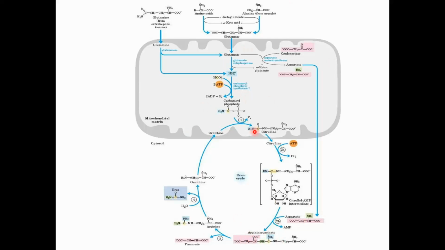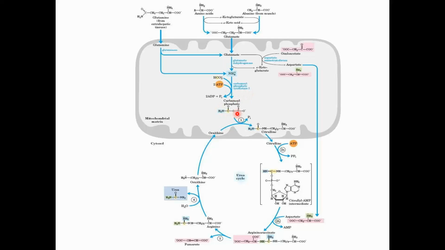And here we can see another thing: glutamate, once it enters the mitochondrial matrix, with the action of the enzyme glutamate dehydrogenase, can make ammonium, and then ammonium combines with bicarbonate and ATP, making carbamyl phosphate.